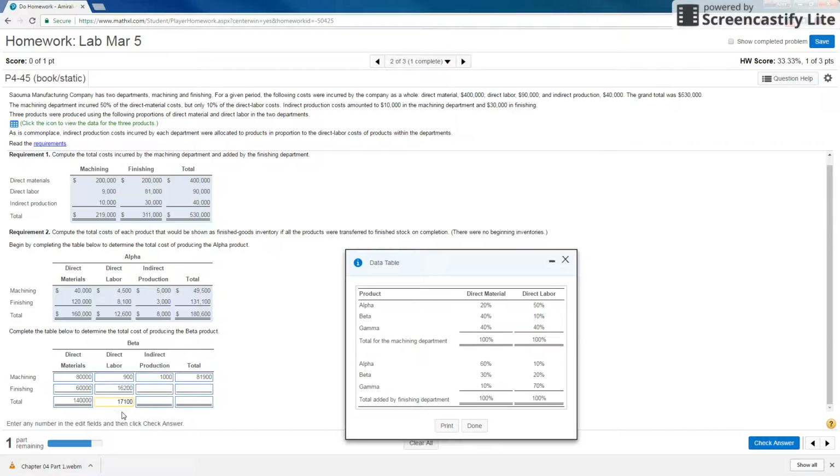And the indirect cost is again 20% of 30,000, which is 6,000. So over here is 7,000. Over here it would be 82,200. The summation over here is 164,100.